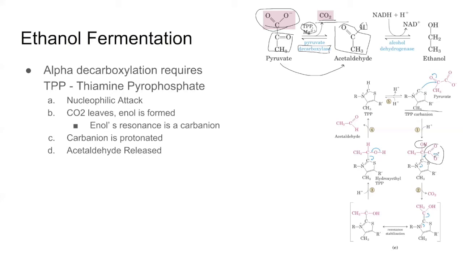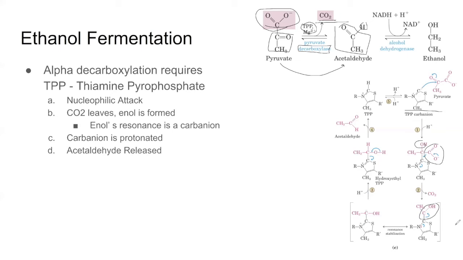What's special about this is that if we transfer the double bond to the nitrogen, it allows for this CO2 group to leave. And so this first step right here is nucleophilic attack. Then the second step is the CO2 leaves, and we generate this group, which I hope you guys recognize is an enol.